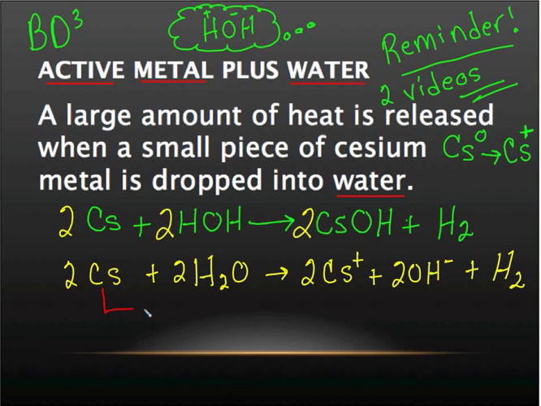Now let's evaluate what's happened here. The cesium went from 0, remember we just discussed that, to plus 1. That's less negative, so it lost electrons, which we call oxidation. The hydrogen in water went from plus 1. In water we would have HOH, and the oxygen is minus 2, and each hydrogen is plus 1 oxidation state.